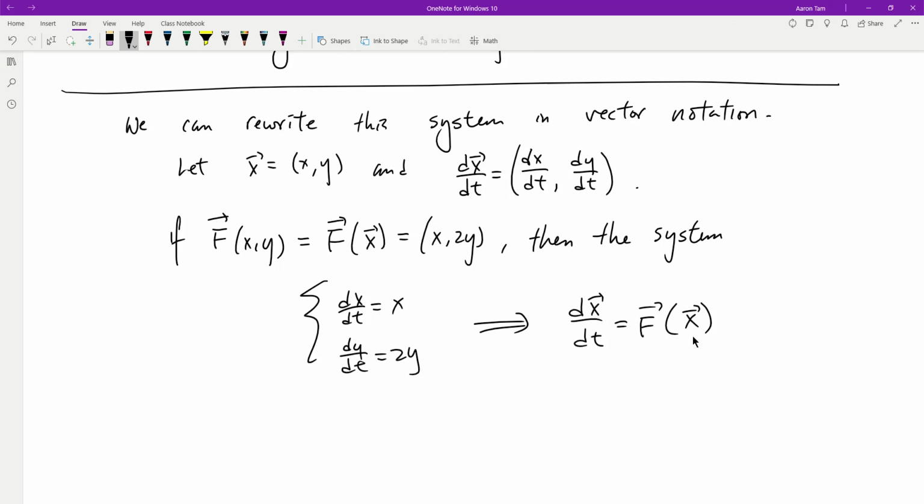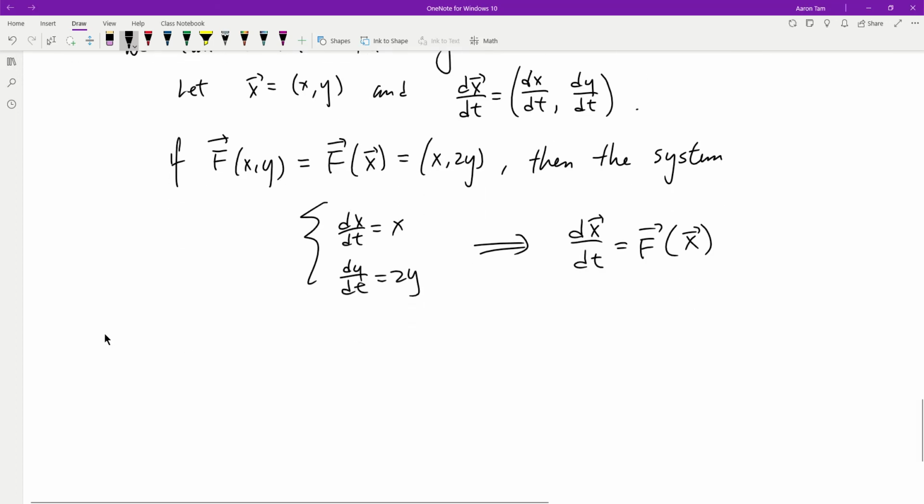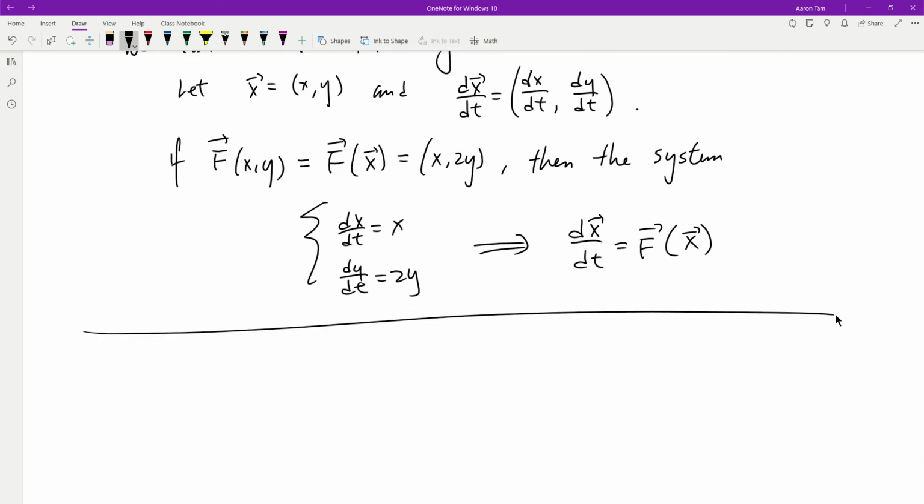Now in this case, since our function capital F is independent of t, there's no t involved. However, if it is dependent on t, then we can write it into this general form, which is basically what we want to do.